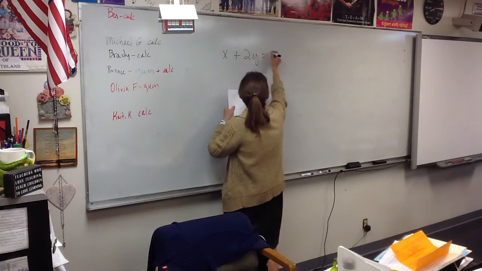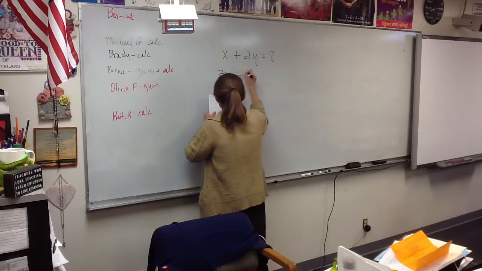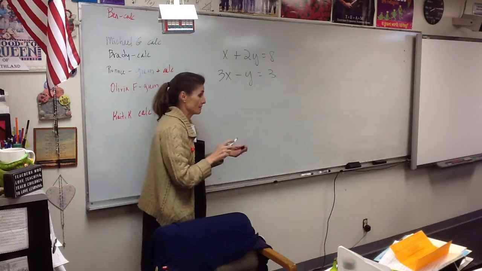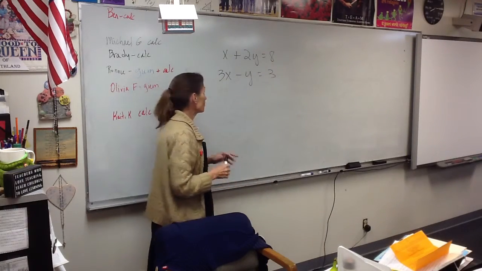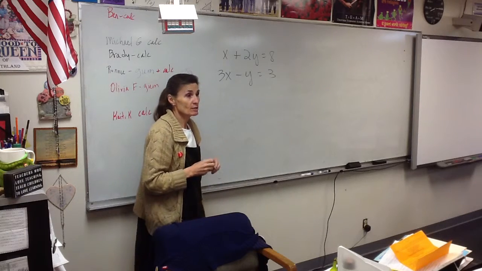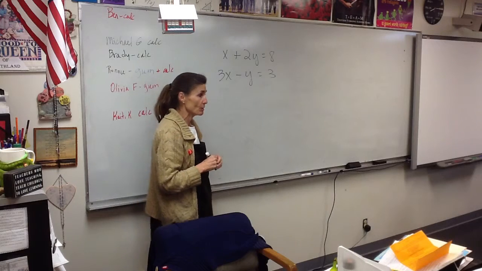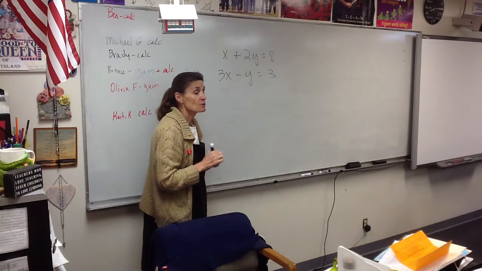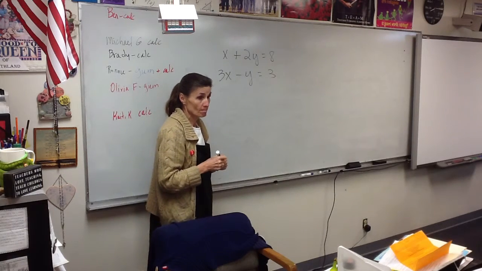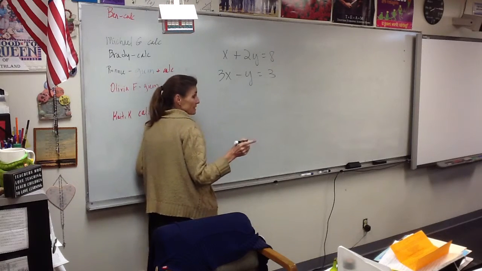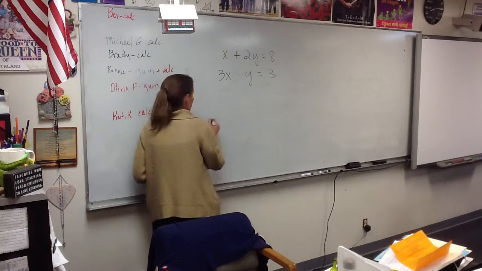So can somebody remember how we do this on the calculator? What buttons we press or what we need to do to get ready to do this? Using the inverse method now. I'm going to go into second matrix, but first, what am I going to put in there?